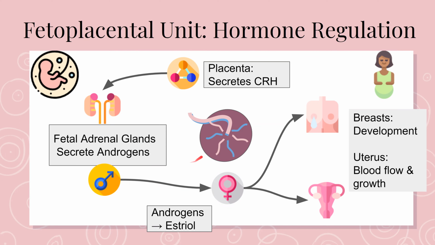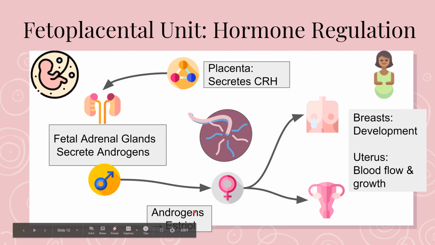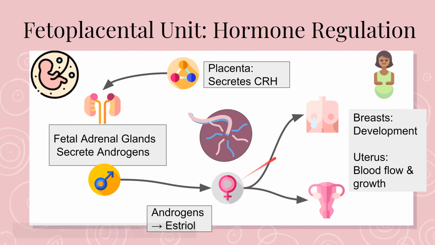Then the placenta helps turn the androgens into estriol, which helps the mom's breasts develop. It also helps blood flow be shunted to the uterus and stimulates uterine growth. So there's a whole other endocrine system going on with the placenta, the fetus and the mother.